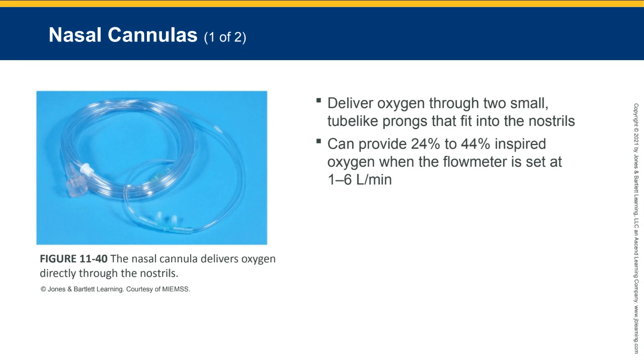So that's the range of a nasal cannula, 1 to 6 liters per minute. In the pre-hospital setting, if you're going to be using a nasal cannula as an EMT, don't go past 3 or 4 liters per minute. If you have to go above that, then the patient requires high flow.